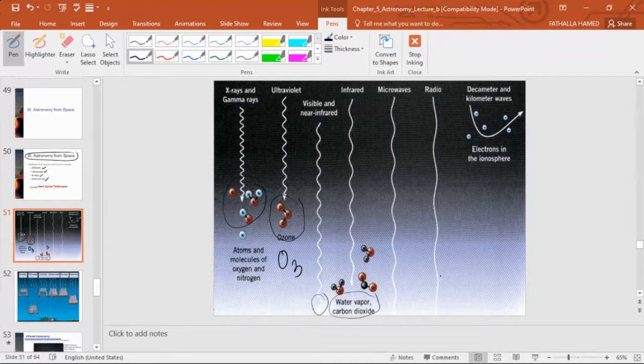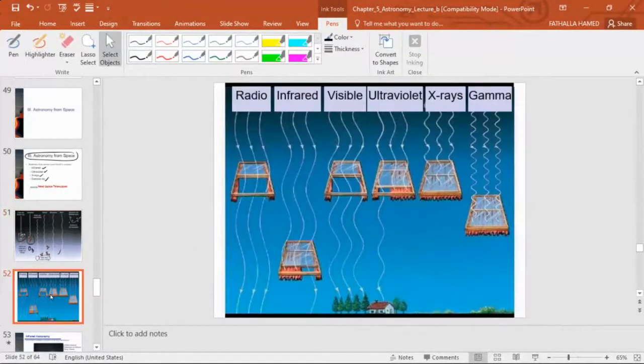Radio waves can penetrate in, and this is what we can do from the surface of the Earth. It's like windows: we look at the atmosphere, and the only two types of waves that can penetrate are visible light and radio waves. So these are the two things that we can do from the surface of the Earth.